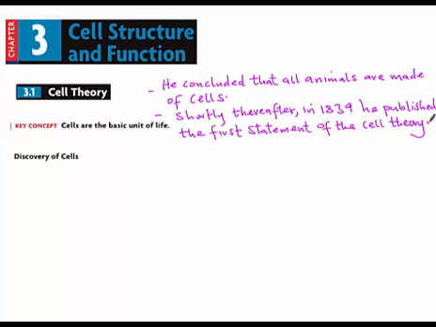This theory helped lay the ground for all biological research that followed. However, it had to be refined over the years as additional data led to new conclusions. For example, Schwann stated in his publication that cells form spontaneously.